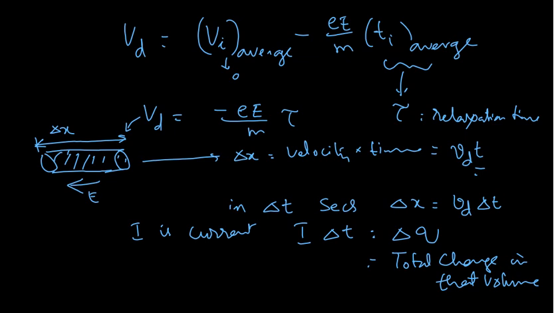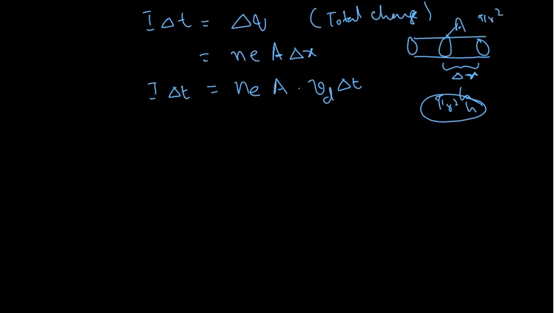Then I substitute that here, I delta t, substituting for this Vd: n e A into minus e divided by m tau delta t.